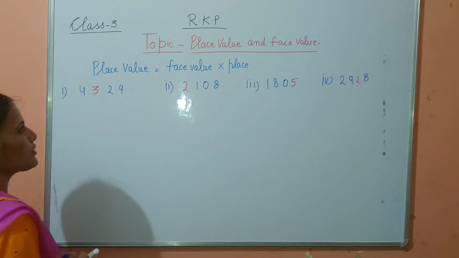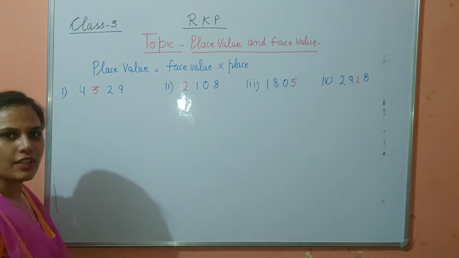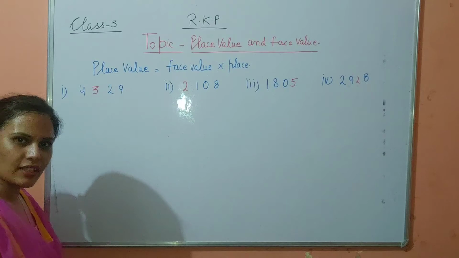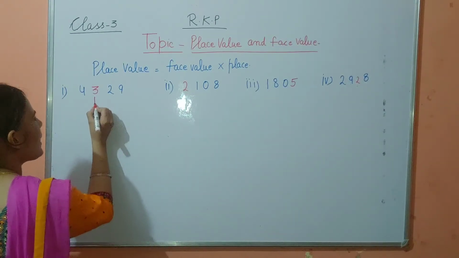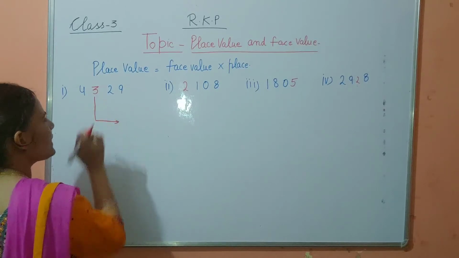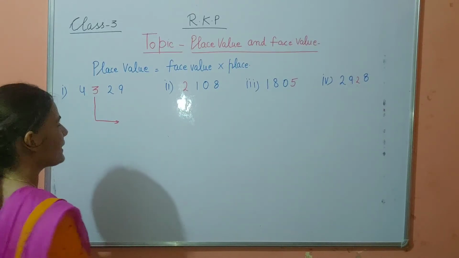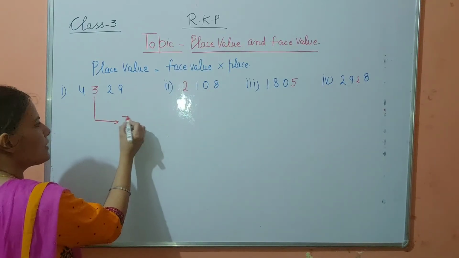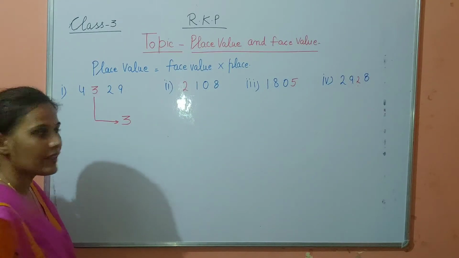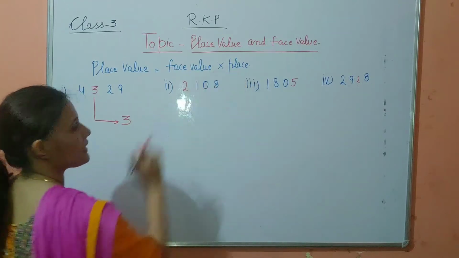What is face value? Face value of any digit is the digit itself. Let's take one example. If I want to know the place value of this digit, then take the face value. Face value is the number itself and into the place.